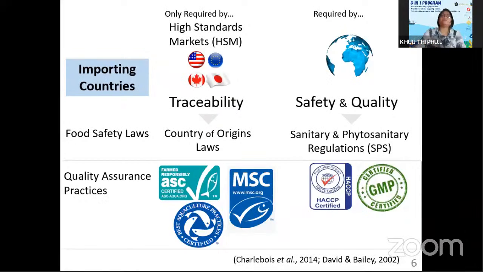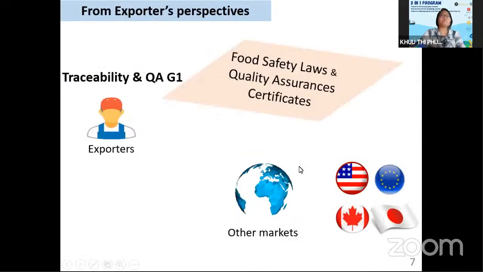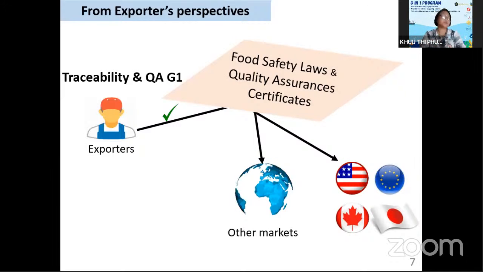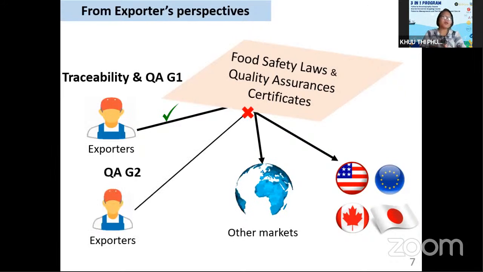So what happens? If you are an exporter in the global market, if you apply traceability and you have quality assurance group 1, you can access all markets. But otherwise, if you only apply quality assurance group 2, it means that your products are also certified for food safety already, but you cannot export to the high standard market.